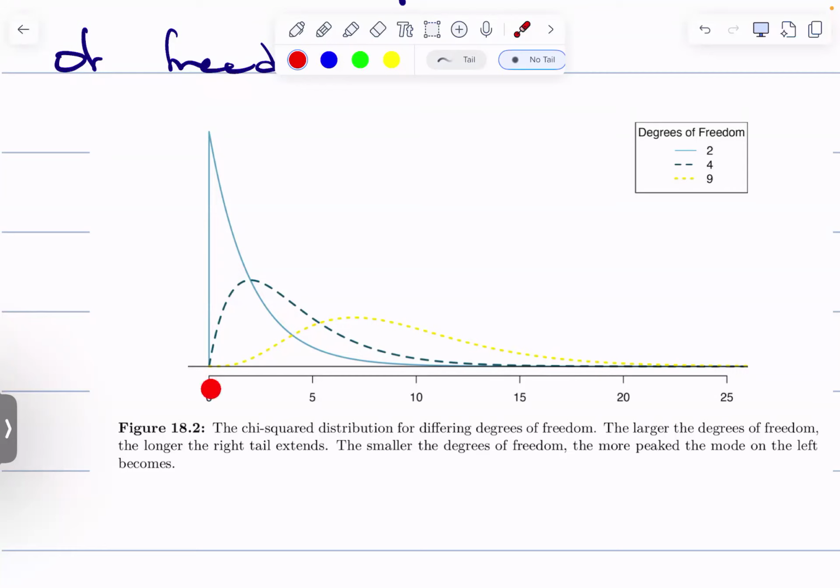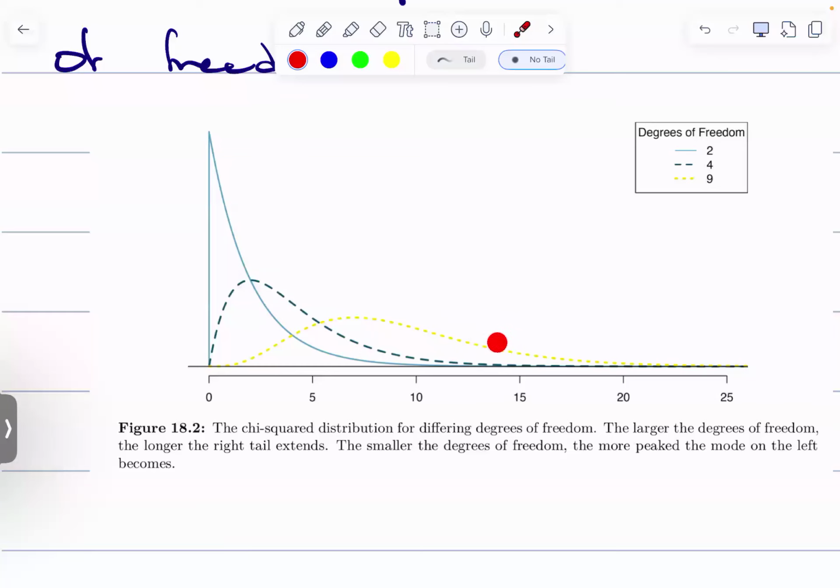And what's interesting about the chi-squared is it starts at 0. That's because we said we're going to square our deviations, and so they're not going to be able to be negative. And so it starts off kind of smushed at 0, and then as you increase your degrees of freedom, it starts to tone down and level out, and the center shifts to the right more and more.